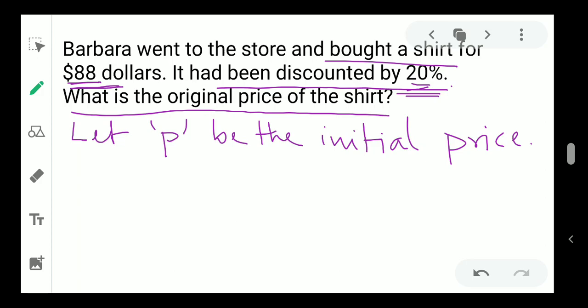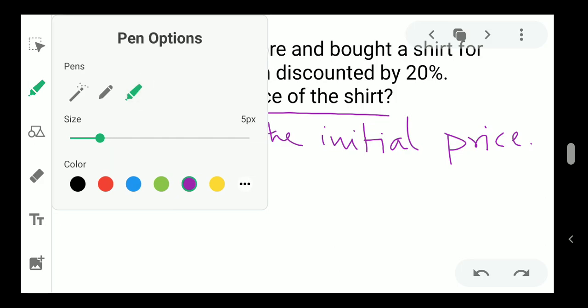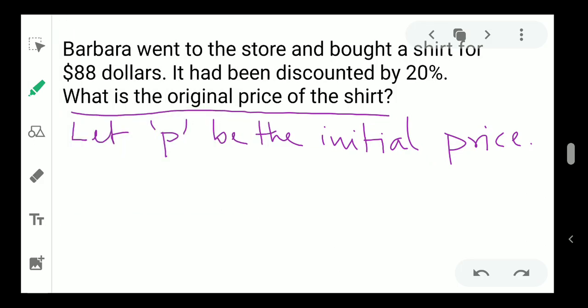Both ways you can do it, but if we do it by considering this 20% as reference, we are going to have some trouble, because making the equation will be very difficult for you.